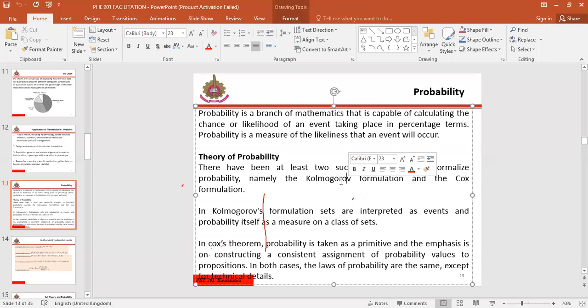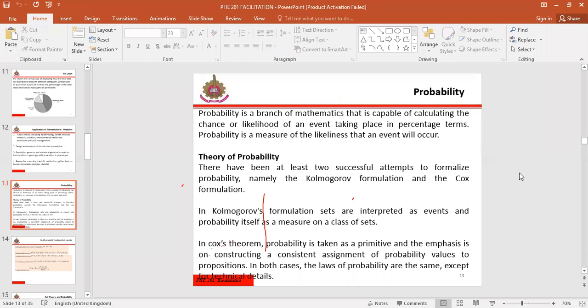And to this extent, there are two theories that have been proven, the common groups formulation and the cause formulation. The common groups formulation says that sets are interpreted as events and probability itself as a measure of a class of sets.